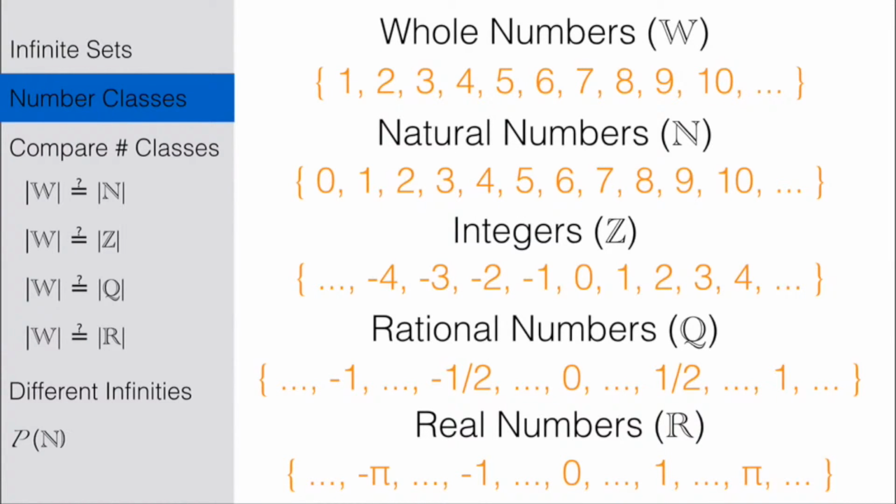Infinity crops up in all these sets, and as you can see, in the whole numbers, you're counting to infinity. In the natural numbers, you're also counting to infinity. Within integers, though, you have two infinities to deal with, positive and negative infinity. The rational numbers deal with positive and negative infinity, but there's also an infinite number of fractions in between each integer.